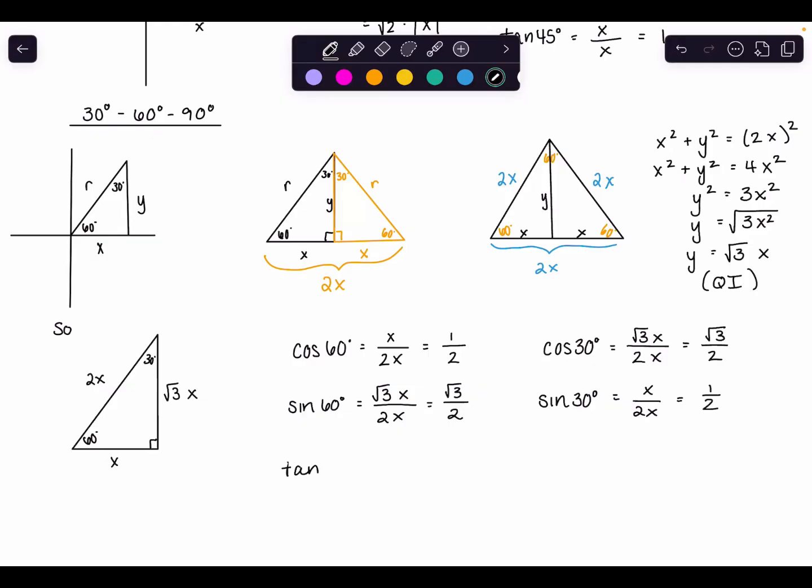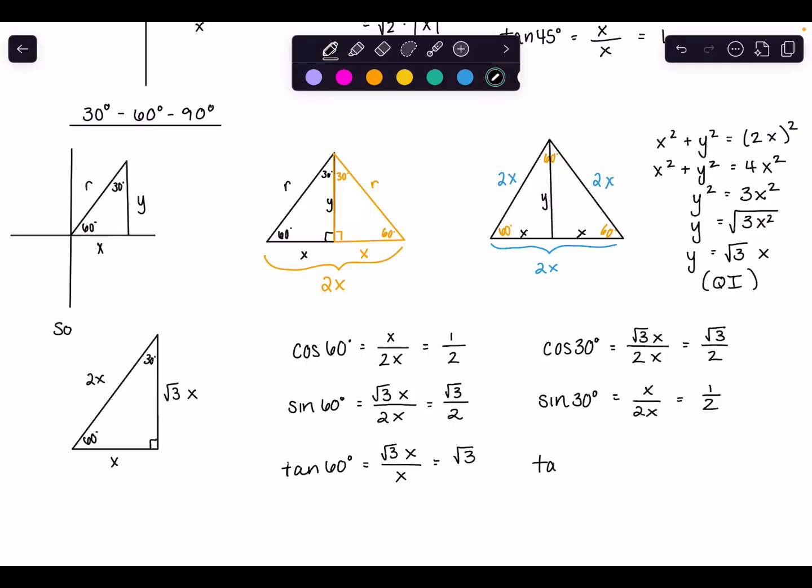Then finally, moving on to tangent of 60 degrees. Tangent is TOA, so opposite over adjacent. That gives us root 3x over x. So that just simplifies to root 3 over 1, so root 3.